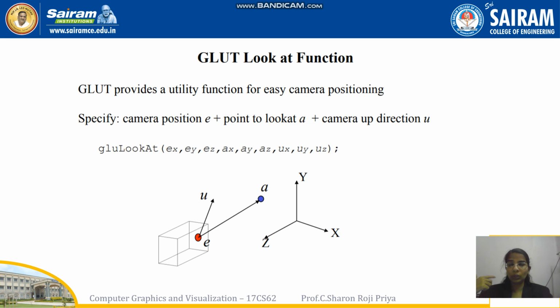Sitting position is the eye, looking position is the at vector, and in that eye position I'll have an upward vector, known as the up vector. Since it is 3D, every position will have x, y and z values, so totally I'll have 9 parameters.